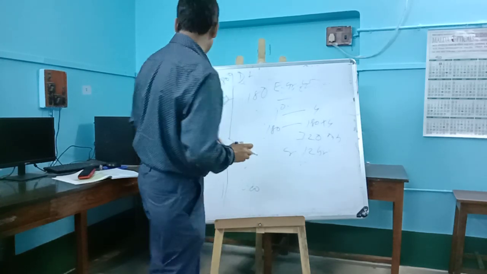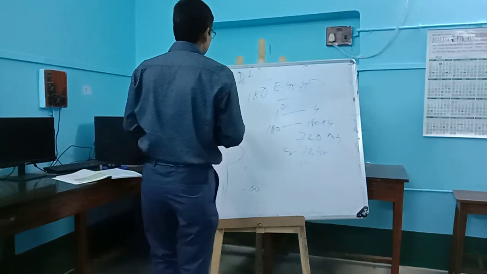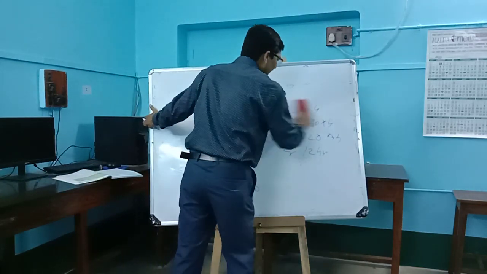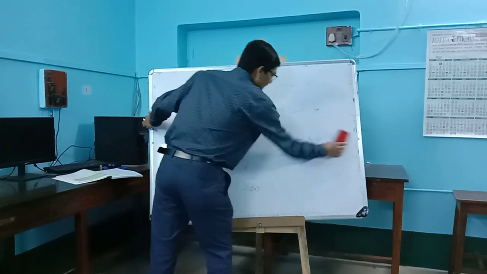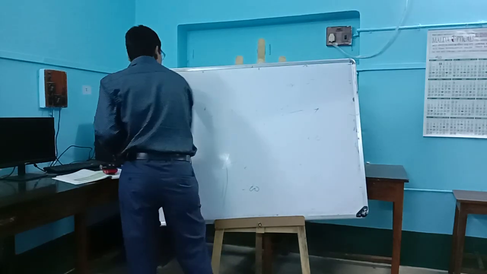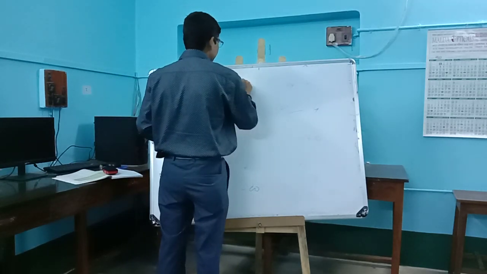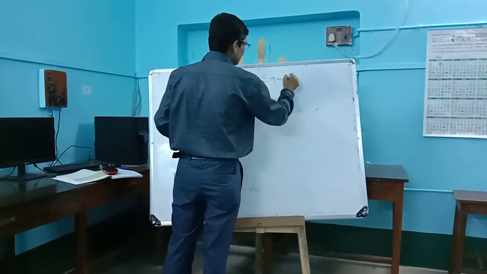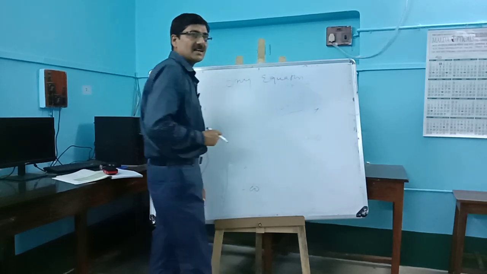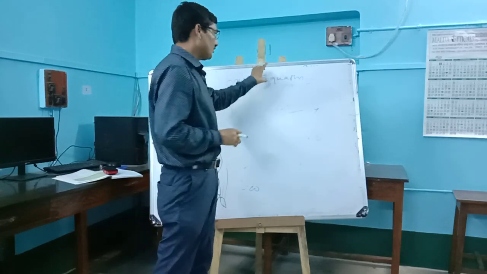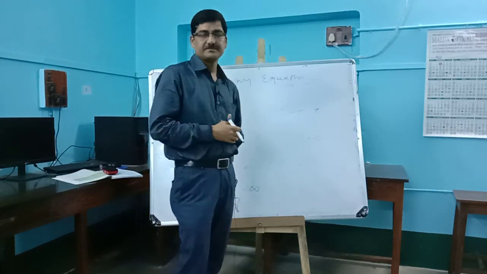This is called the great circle and the small circle. I told you only the equator is the great circle among the lines of latitudes. Except the equator, all are small circles.